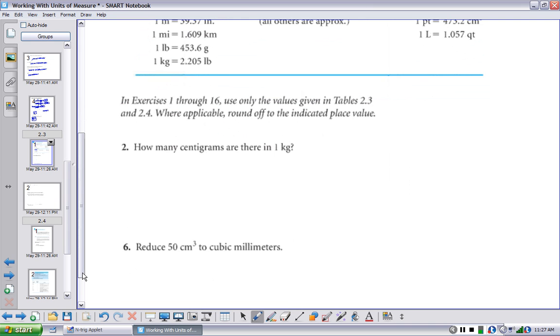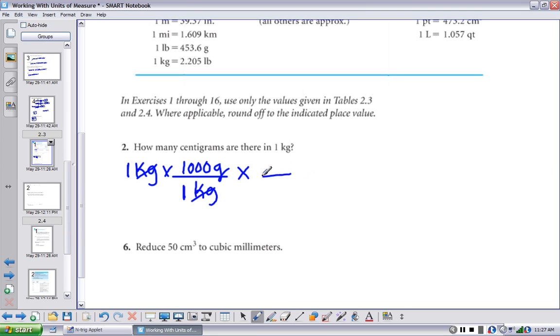The first question is, how many centigrams are there in 1 kilogram? So 1 kilogram, it's going to be easier for us to go to grams and then centigrams. We know that there are 1,000 grams in 1 kilogram. So my kilograms gets canceled out.